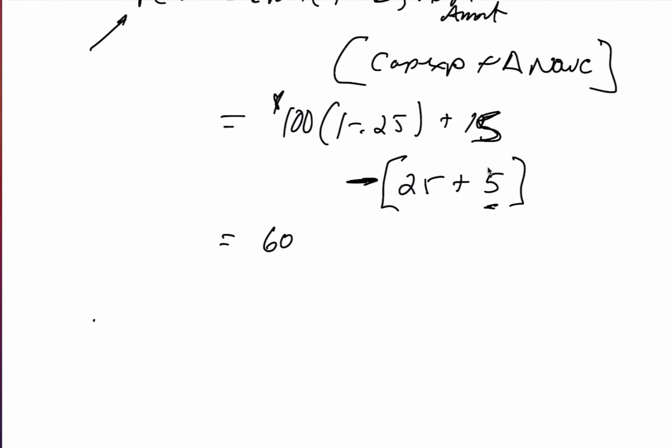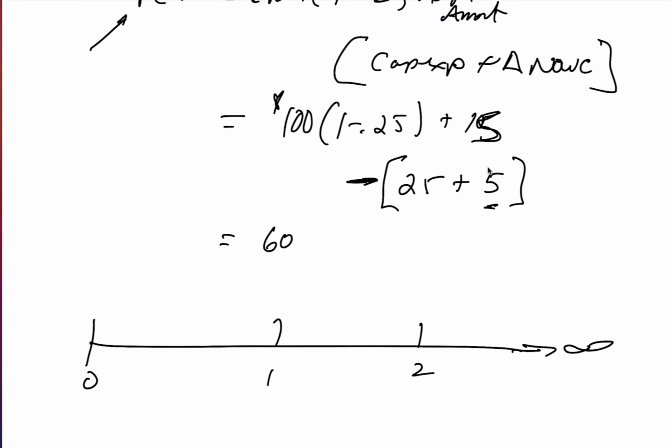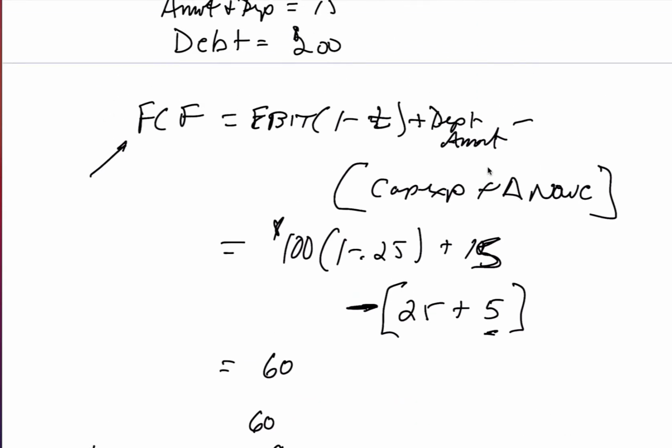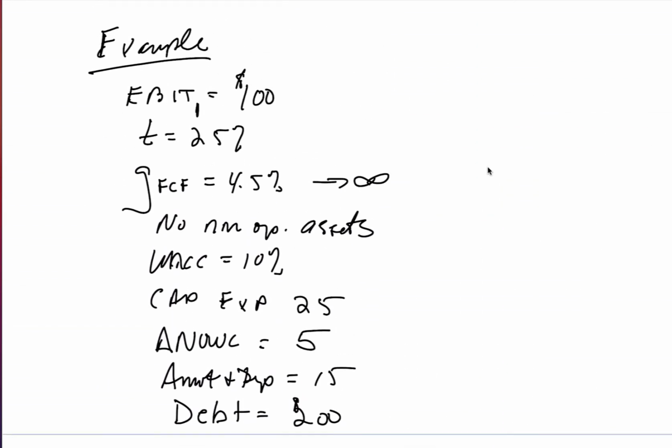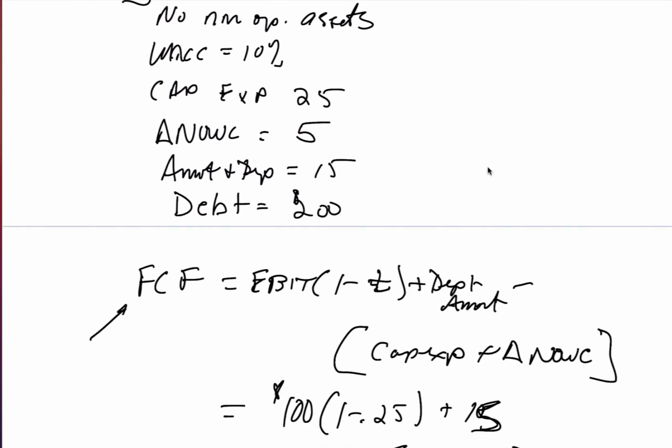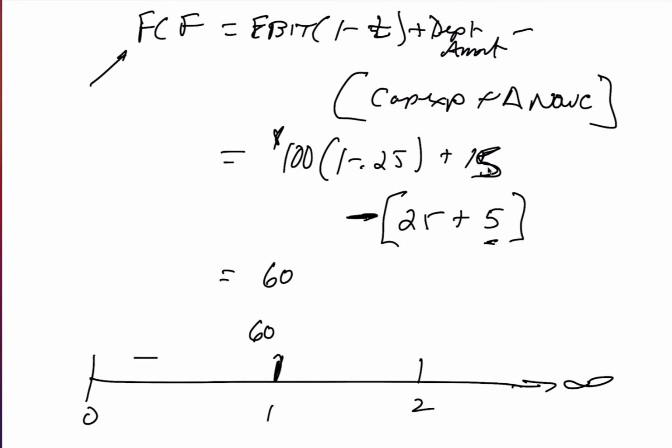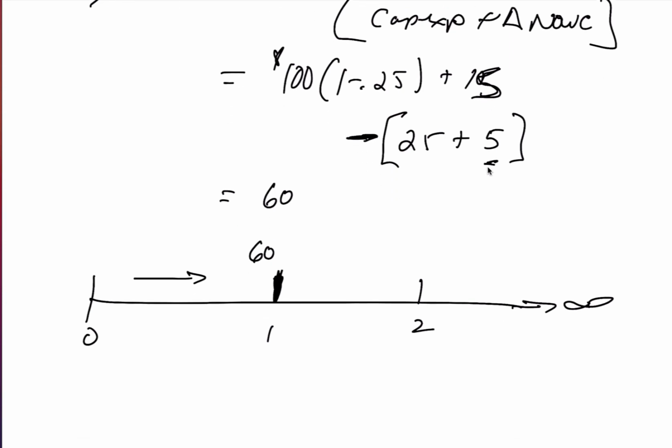So at this point, let's do a timeline, and this goes out to infinity. We're going to have $60 right here in free cash flow at time 1. I could have given you earnings before interest and taxes at time 0, and you would have had to grow it at 4.5% to get to this point, but the problem gives it to you at time 1, just to make sure that you have the right timing.